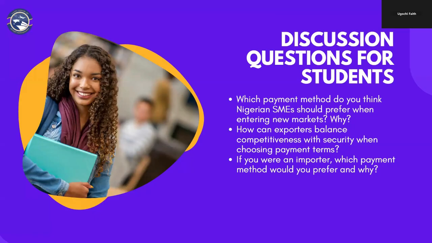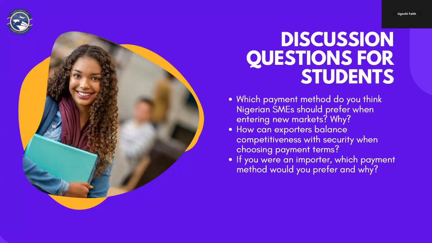Then the letter of credit will be issued to the exporter from the importer's bank. But it is after the exporter gets the letter of credit that he or she will now start working on the export contract.